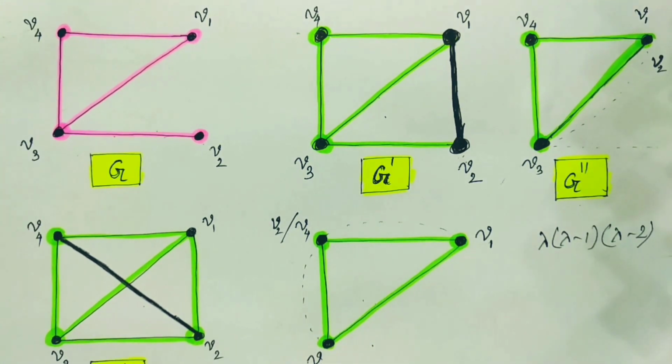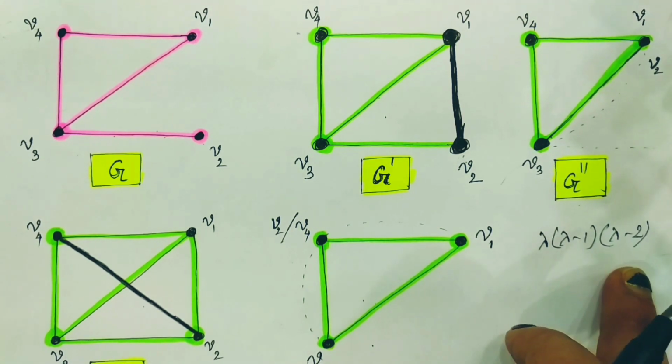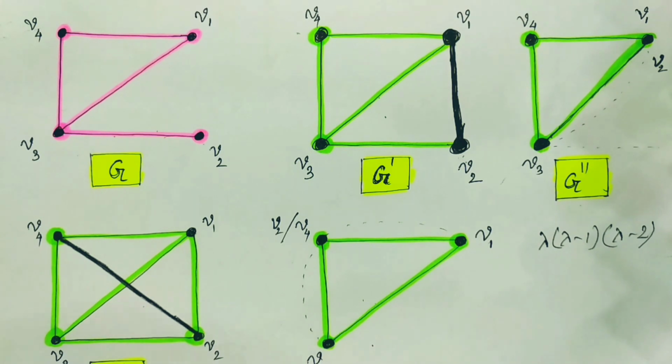If there are 4 vertices, then one more factor should be included. So in this way we can find the chromatic polynomial for any complete graph very easily. That's why we take this decomposition rule to convert a given graph into different parts of complete graphs, so that we can find the chromatic polynomial very easily.